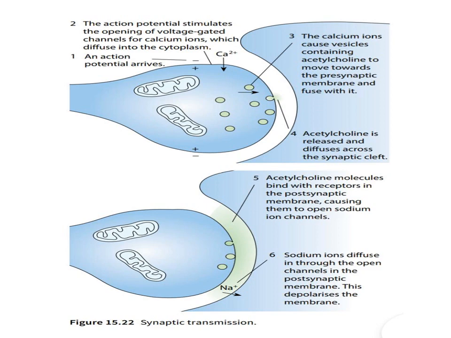Once sodium ions diffuse inward, the wave of depolarization is continued and the action potential is now ready to conduct an impulse in the next neuron. So this is how nerve impulse transmission is done from one neuron to the other. You can imagine the speed of this process, like it's 100 meter per second, so you can not even imagine how fast this is going on.